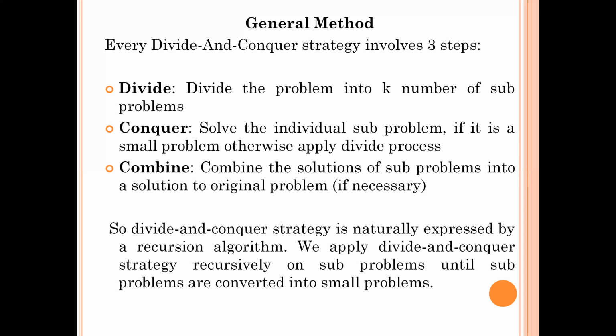The word small indicates that you can get the solution directly for that problem, because it is a very easy problem. So then we say that it is a small problem. If the problem is small, you can get the solution directly, and there is no need to use the divide and conquer technique.